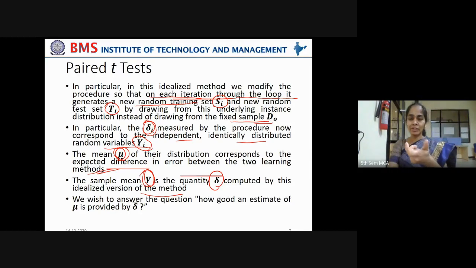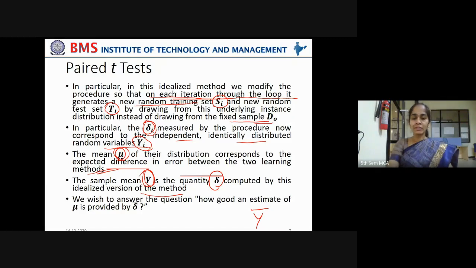The parameter of interest is error, which is denoted by the random variable y that is going to be measured. Now you are trying to measure the random parameter y, which is error in this case. When you are finding the mean of the errors, it is nothing but the mean of y. So the sample mean y bar is the quantity delta bar computed by this idealized version of the method.